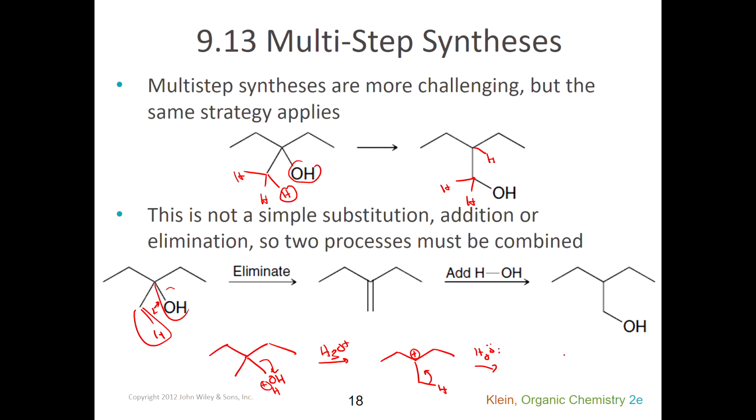I have to keep in mind the mechanism. If I don't understand the mechanism, I'm bound to make a mistake here because I'm motivated to try to get this to work and to get the pi bond to form where I want. But in this case, it's not going to form there, because if there's a hydrogen here that the water will pick off, that will be more likely to happen because that forms a more substituted pi bond than the one I want to form.